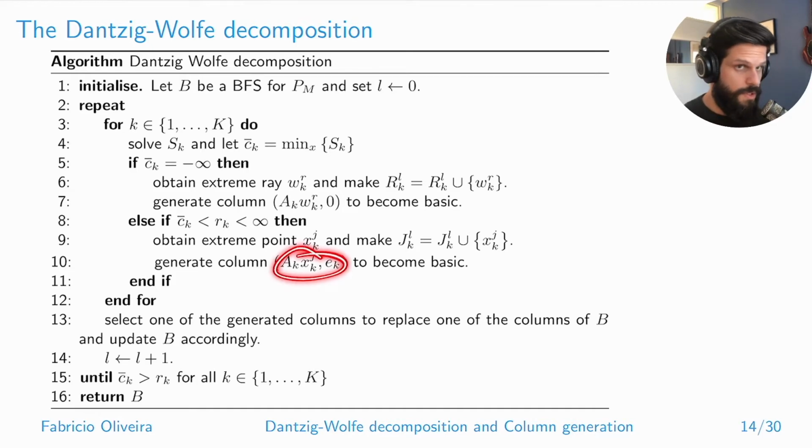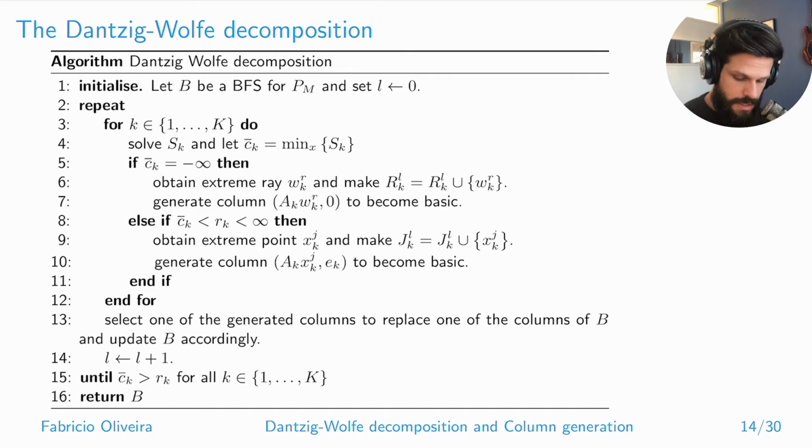So I generate the respective column and make it basic. Then I select one of the generated columns to replace the columns in B, and I update B accordingly.